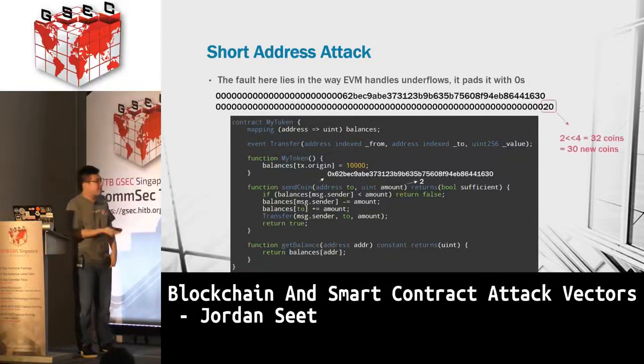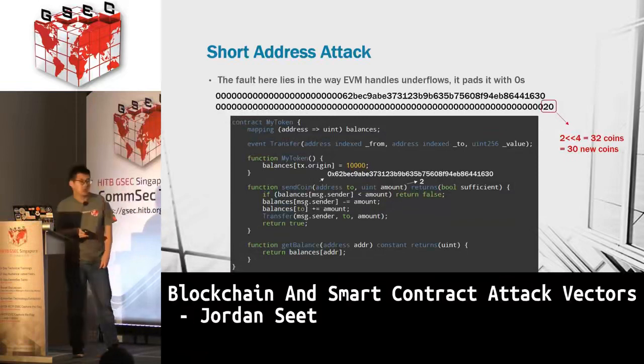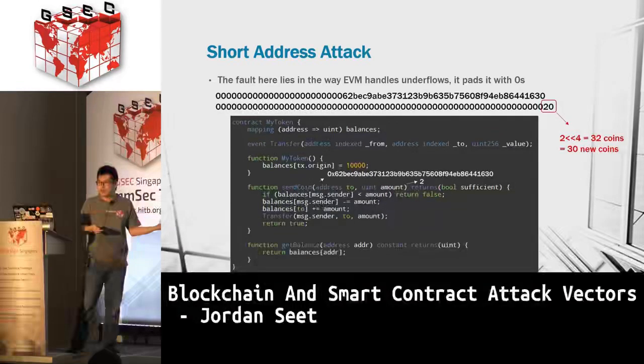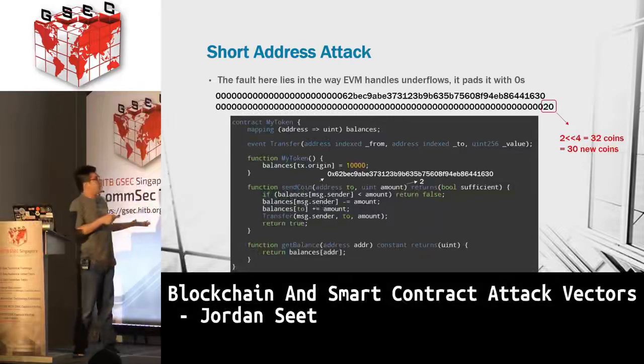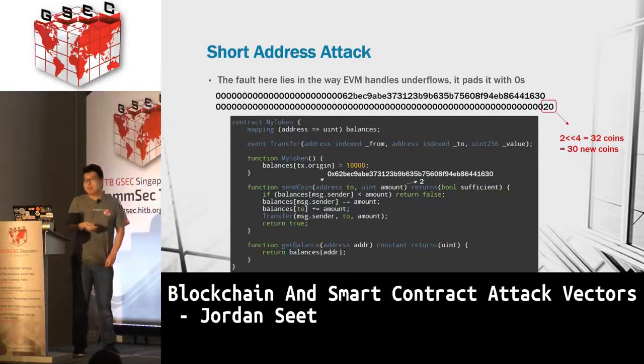And that's a problem, because now you have 30 new coins generated from nowhere. I hope my calculation's right. It's a bitwise operator, arithmetic shift. So from nowhere you generate 30 new coins. This is actually due to the way it's being compiled. So even in the case where the contract is written quite securely, the compiler itself is at fault.